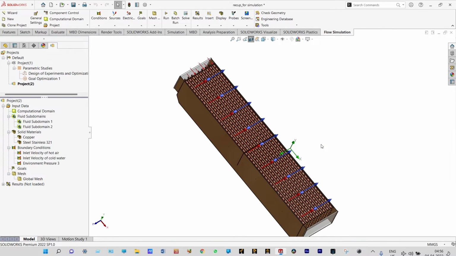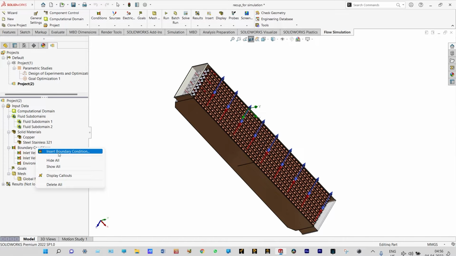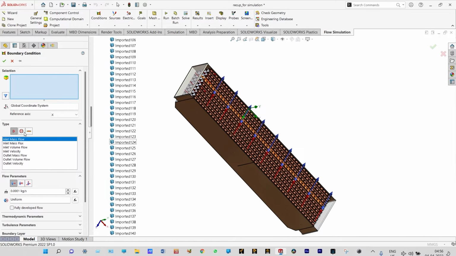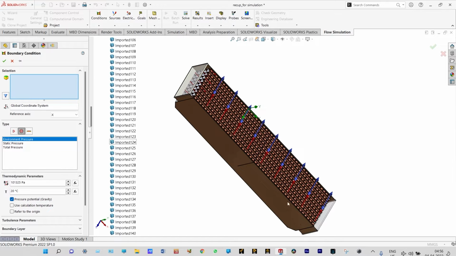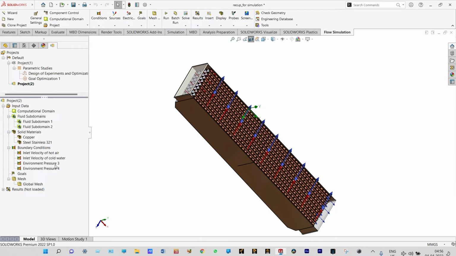Another boundary condition is needed at the exit of cold water. Insert boundary condition, and again it will be atmospheric pressure at the exit of cold water. Green check. Done. And we rename this one as environmental pressure at hot air exit, and the second one will be environmental pressure at the cold water exit.